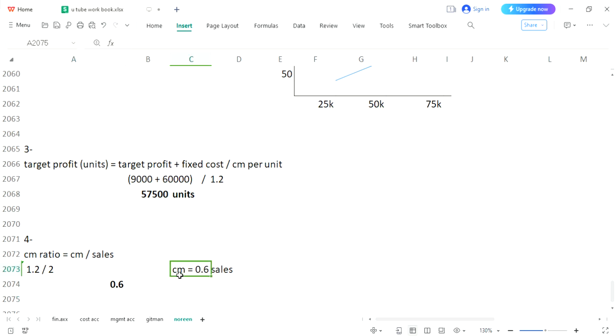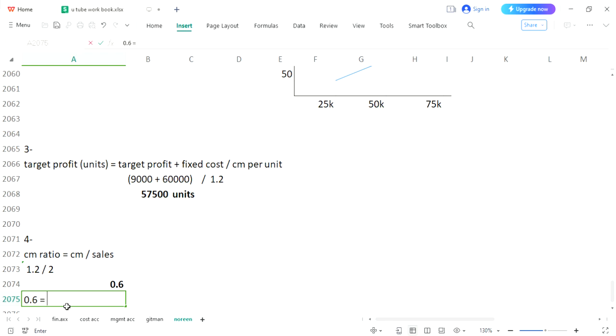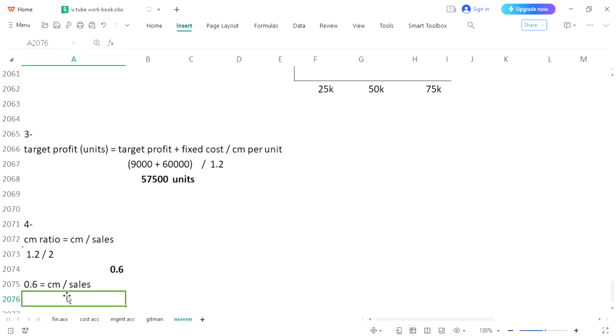Okay, let's make this procedure clean. We shouldn't jump ahead. If the CM ratio is 0.6, we can put the CM ratio over here. So we would have 0.6, the CM ratio, is equal to CM divided by sales. Now sales is divided over here. If you want to take it to the opposite side of the equals sign, its sign would be changed.